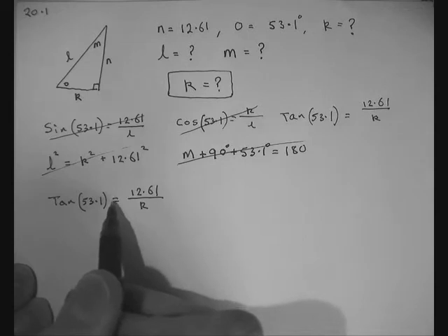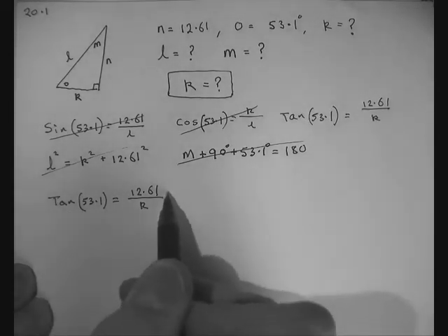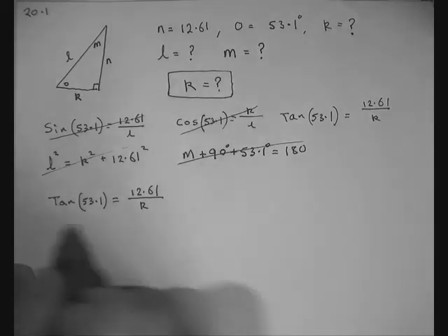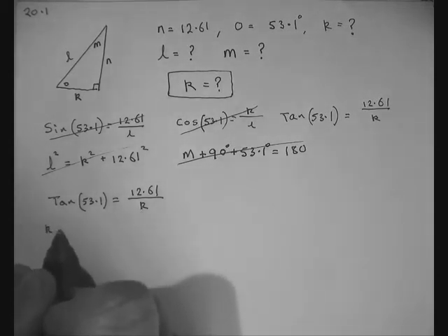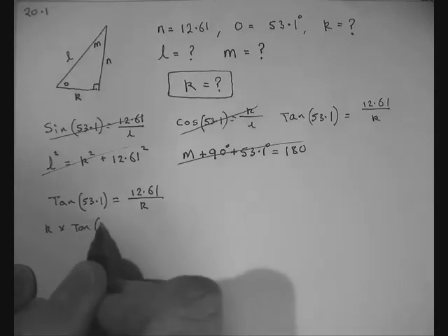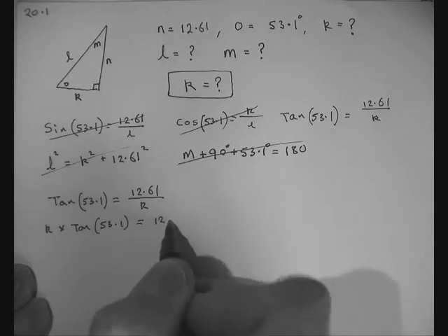K is a divider. The inverse of a divider is a multiply. This is an equation. If we multiply both sides by K, we'll end up with a K multiplying here, and that K will cancel that K. So let's just do it. Bring the K across and it becomes a multiplier. So K multiplied by tan of 53.1 is equal to 12.61.